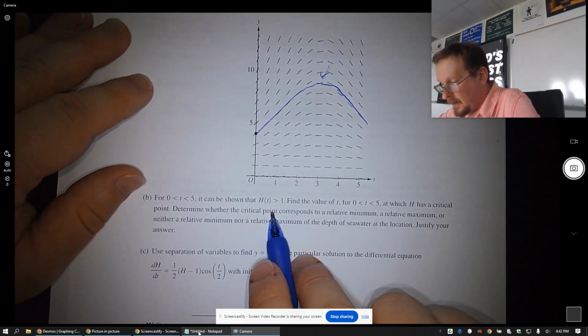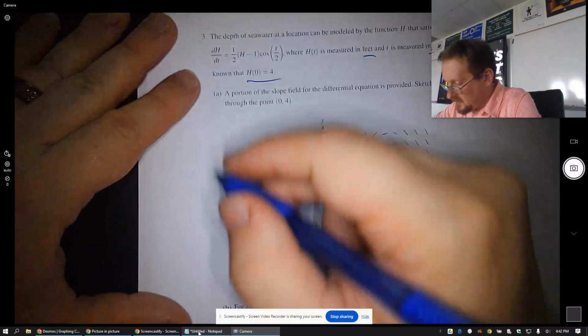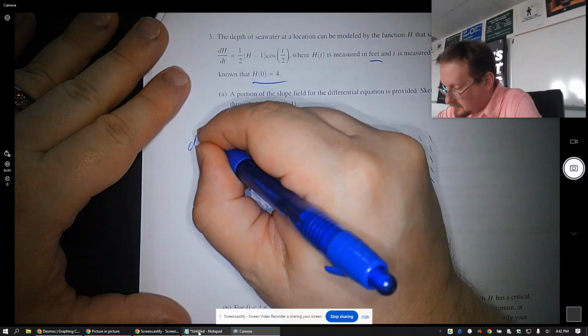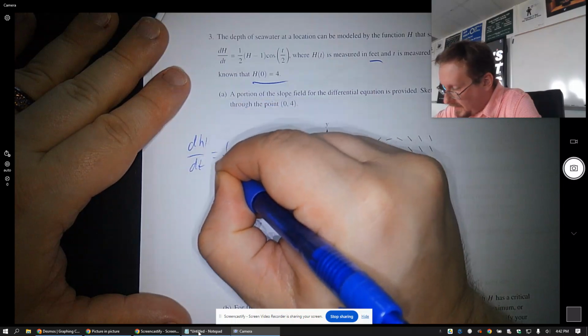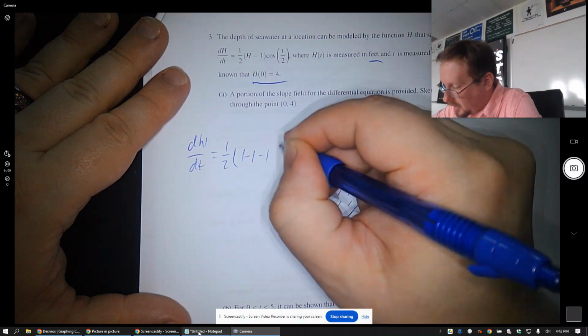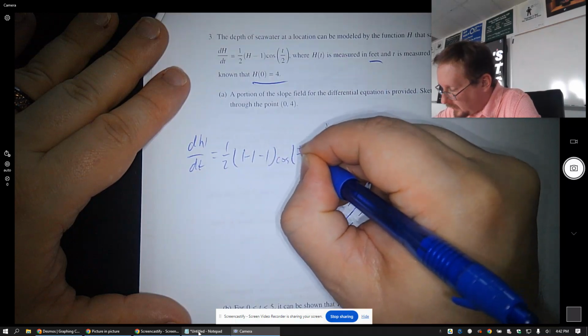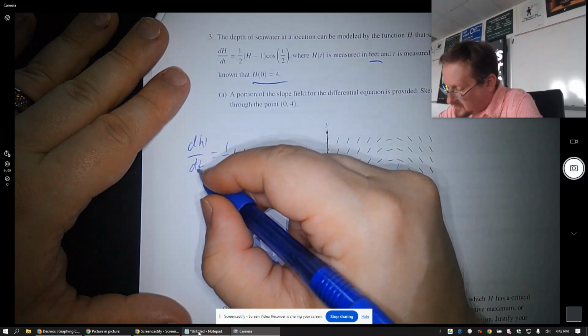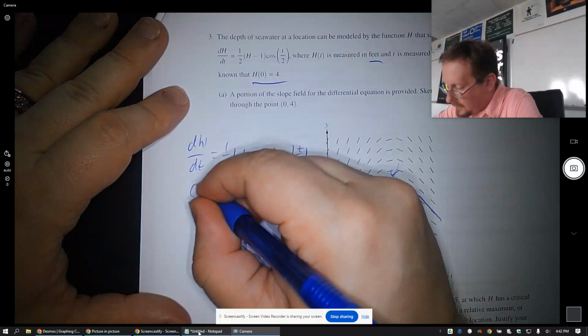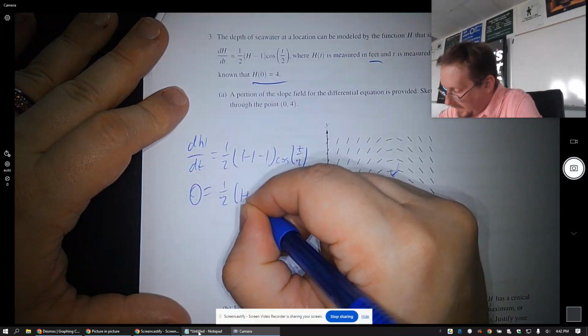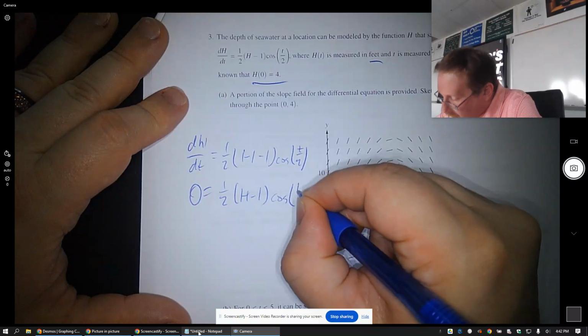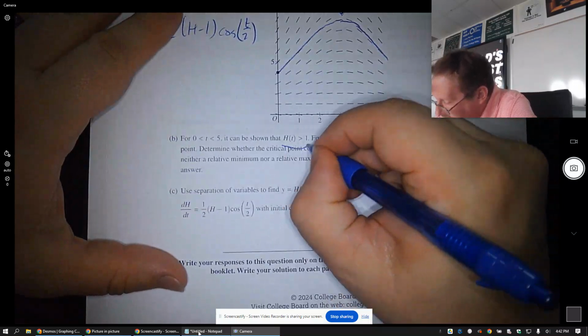All right, well, I'm just going to do this. dh dt is 1/2 (h minus 1) cosine of t over 2, and dh dt is 0, so 1/2 (h minus 1) cosine equals 0. Now this is why they said h of t is greater than 1.